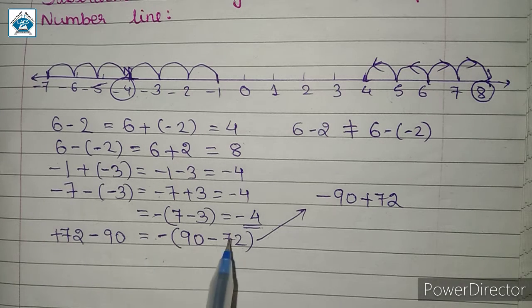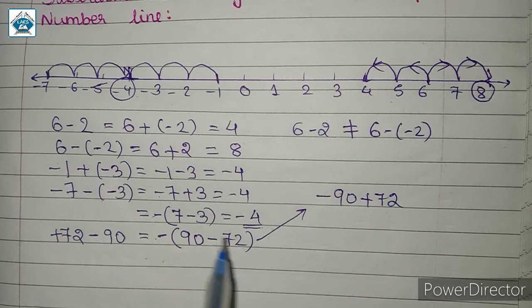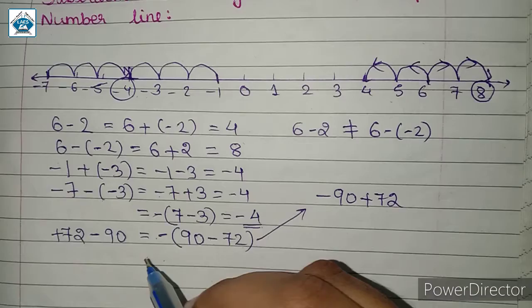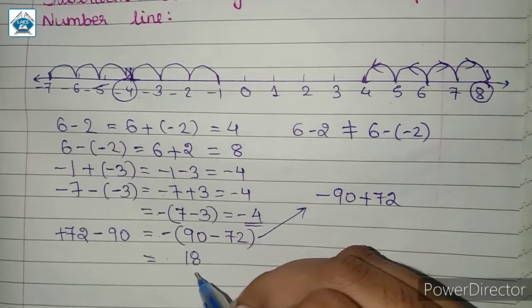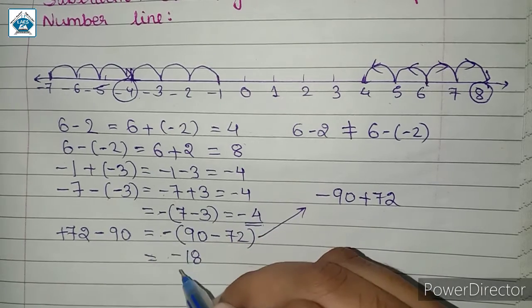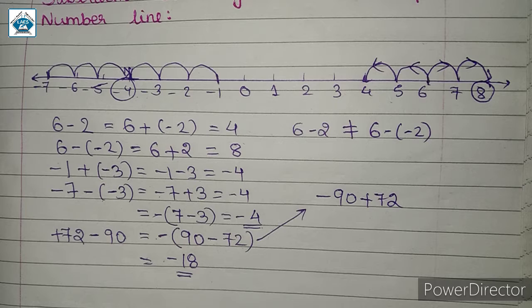I told you the reason, minus into minus we get plus. So when we are taking minus common, then we will be writing minus for those terms who have plus as their sign. So here this is equal to 90 minus 72 simply करना है, then we will get 18, and here we have minus sign outside the bracket, then this will be equal to minus 18.